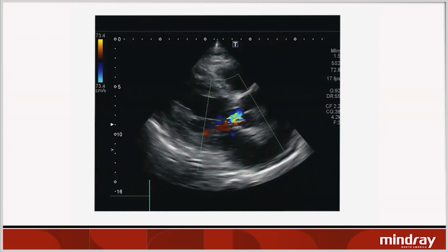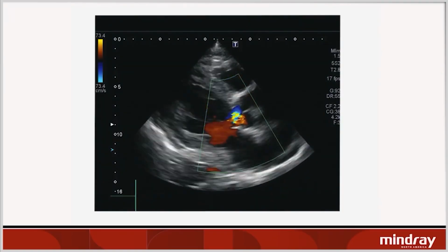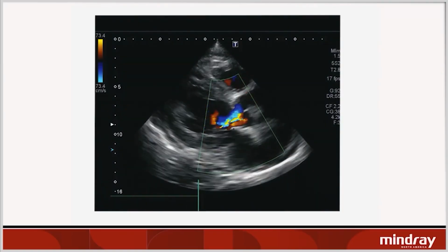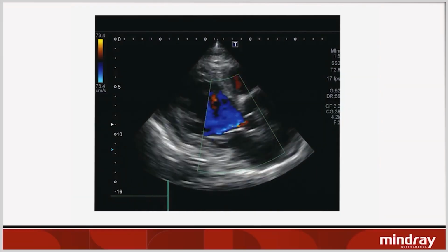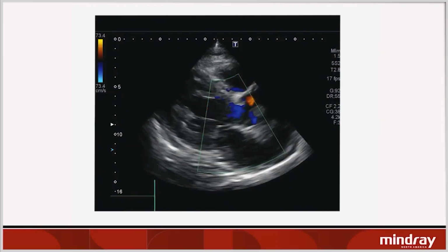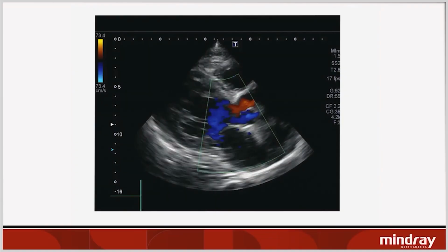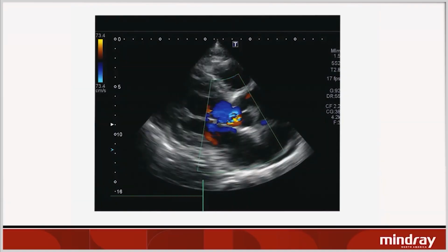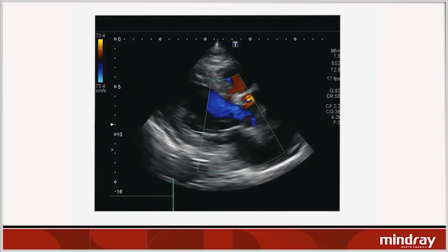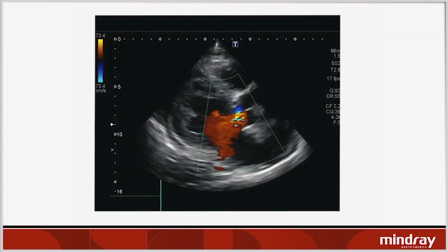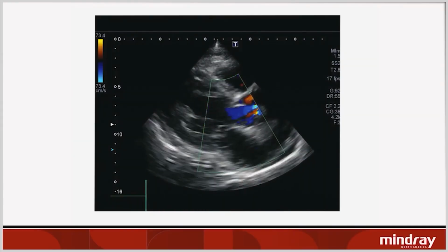This is an example of aortic insufficiency, and the way that you judge aortic insufficiency is what, the height. We talked about looking at the outflow tract in the parasternal long axis view here, but how much of the outflow tract does that jet take up? And this looks like it's probably taking up more than half of the outflow tract.